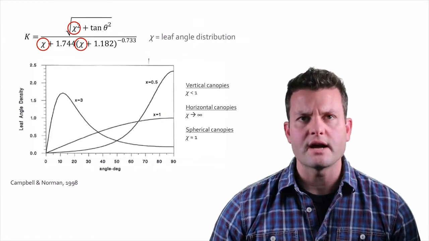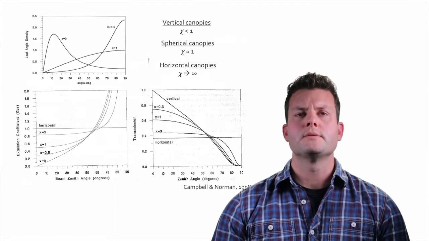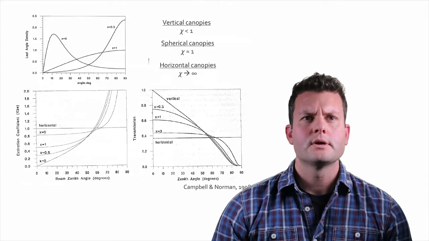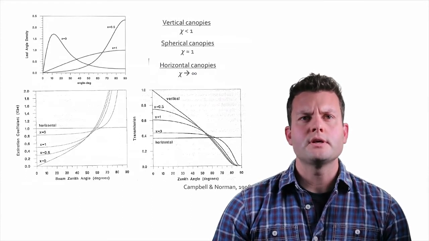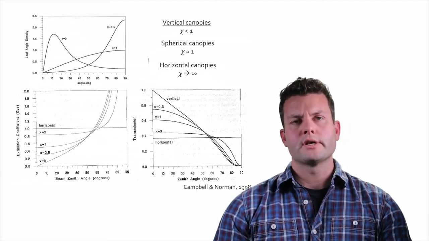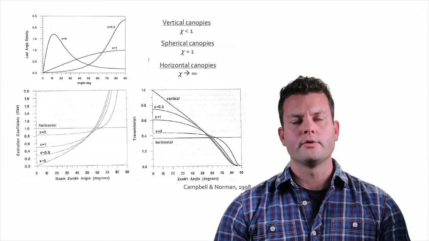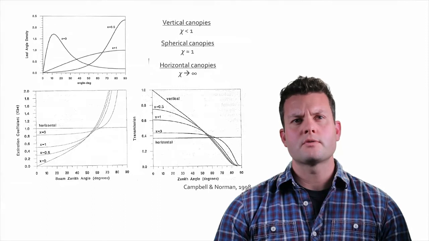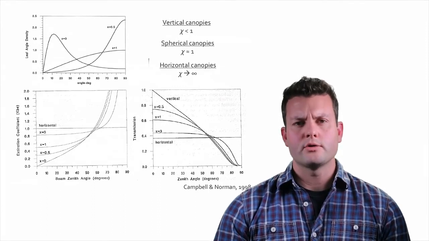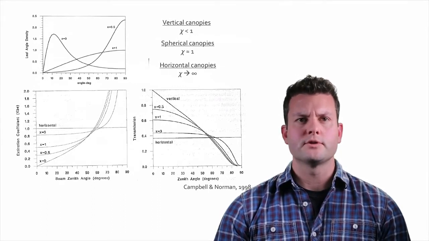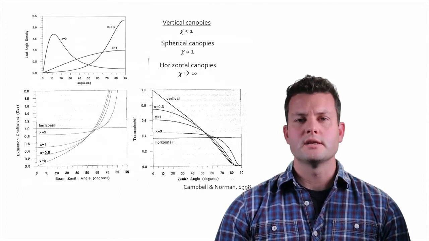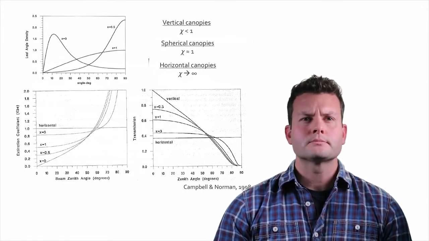So I'd like to consider chi value just a little bit more, because this seems to be an area where some people get confused. You can see I've got the same plot that we were just looking at in the upper left-hand corner, but the figure in the lower left corner is demonstrating how chi value, or leaf angle distribution, influences the extinction coefficient dependent on the zenith angle of the sun.